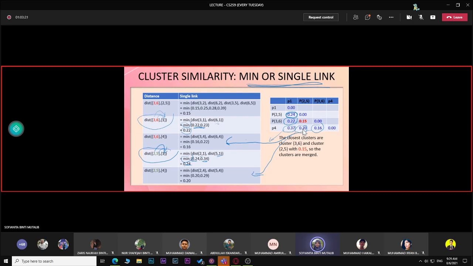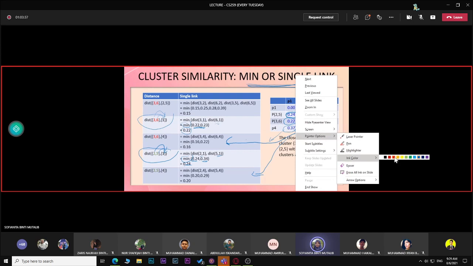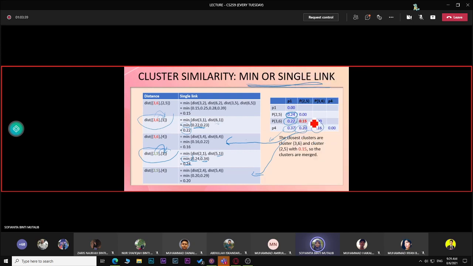Okay, so next after we update, we have to look at the dissimilarity matrix here. Kita pun study lah. The algorithm needs to study the newly produced values, and the closest, or the lowest distance, will be merged, 0.15.